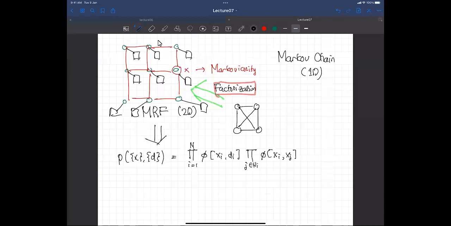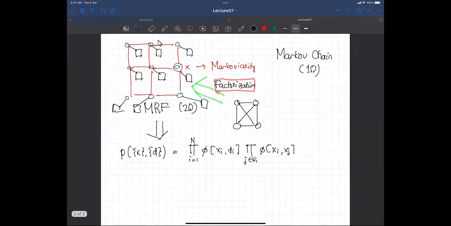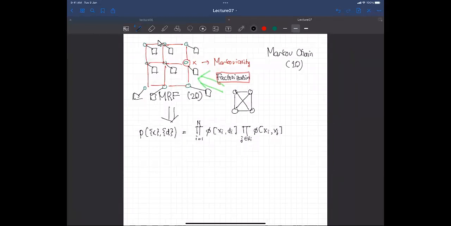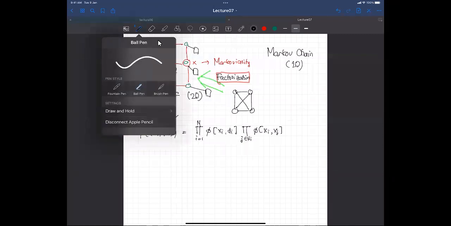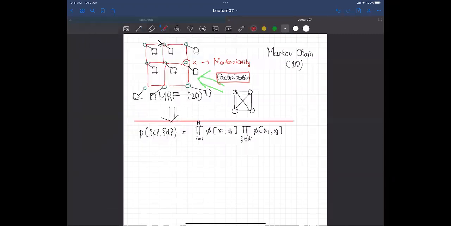Okay, so this is the definition of the Markov random field. And as I mentioned previously, this mathematical formulation is actually describing the graph. And the graph is connected by local connection. So this is the local connection expression in mathematics. Again, this is an important equation, and you have to understand this.